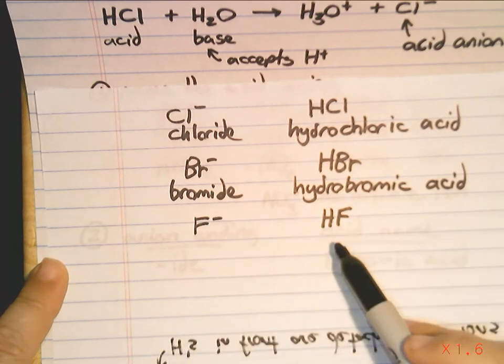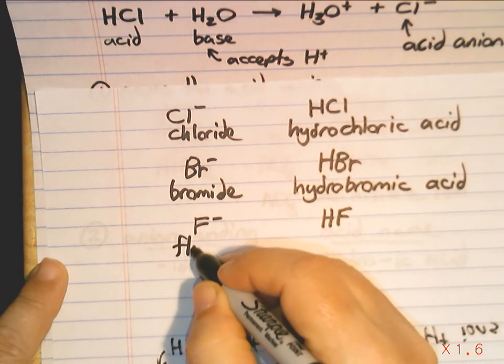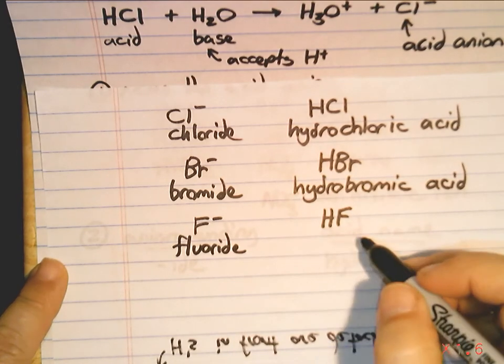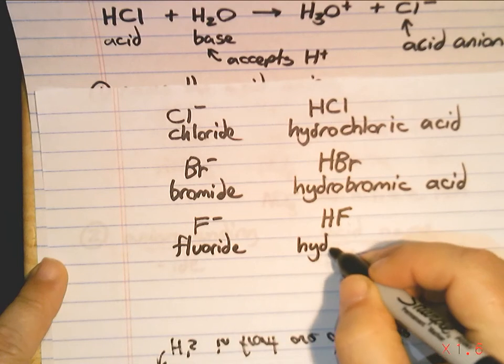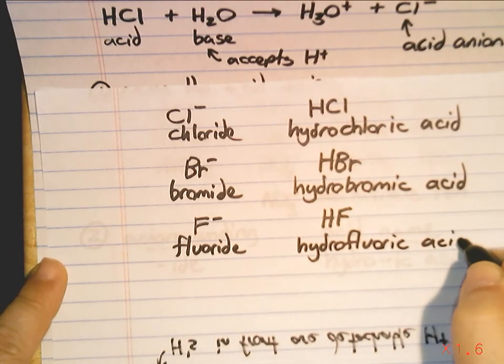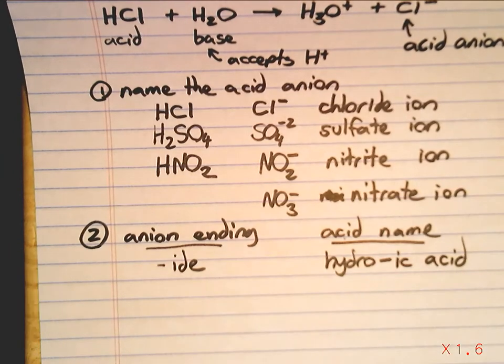I can tell that because if I pull the H plus off, there's going to be an F minus left behind. That's called a fluoride ion. And since it has an IDE ending, this would be called hydrofluoric acid. Okay? So that's how this first rule works.